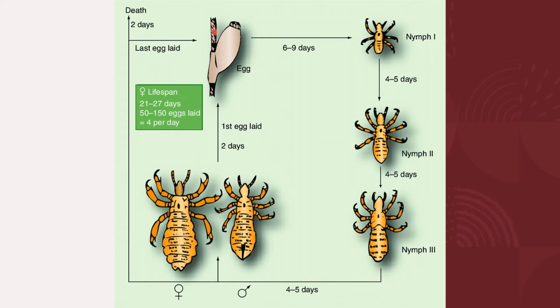The egg, which is also known as a nit, is found on the hairs. From the egg hatches the first nymphal stage, nymph 1. Nymph 1 will molt 3 times to become nymph 2, nymph 3, and the adult, male or female.